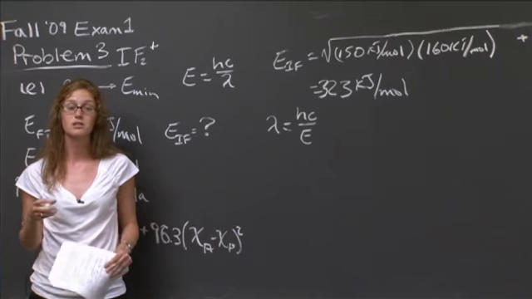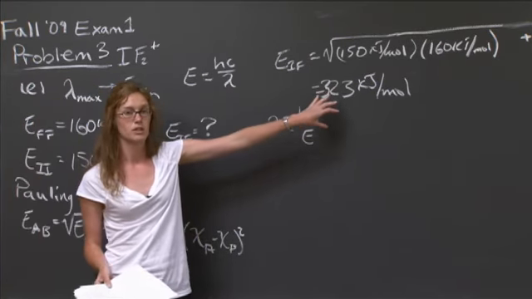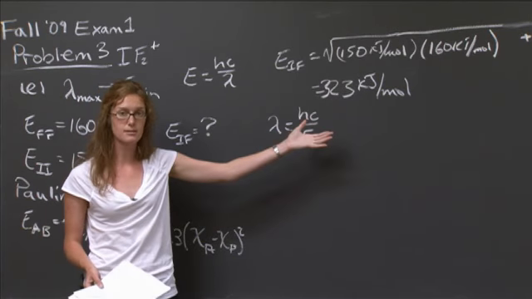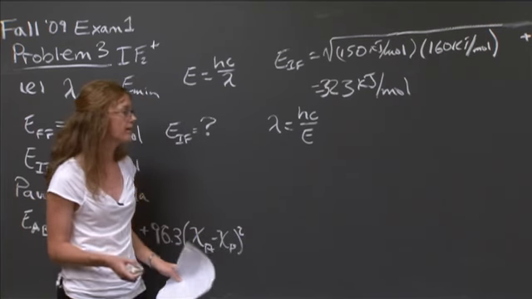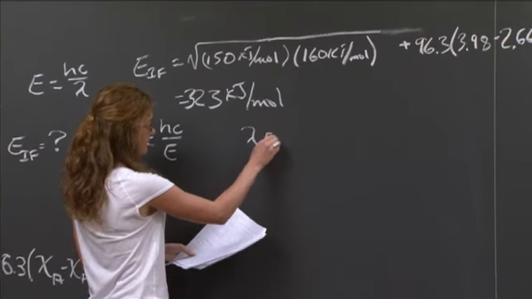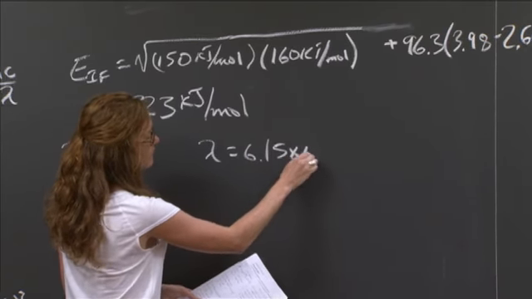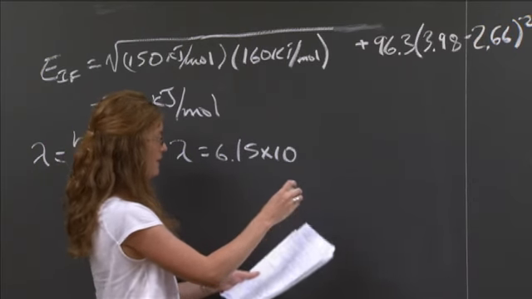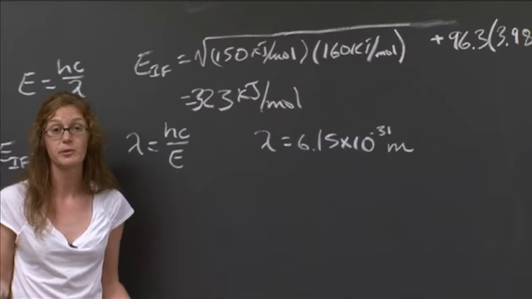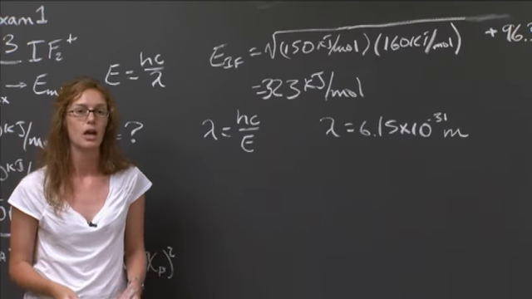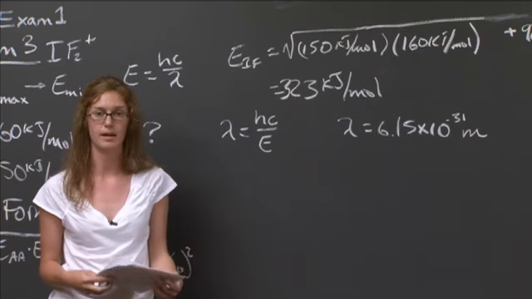Now here's where some people tripped up a little bit. You have a value for the energy. H and C are constants, and you find the lambda. However, if you plugged that all in, your answer would be 6.15 times 10 to the negative 31 meters. Some people, that was the answer that they found. And it makes sense. You have an energy, you have some constants, and you can get your lambda.